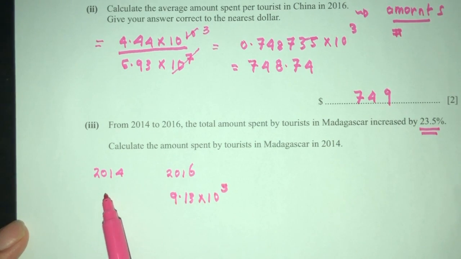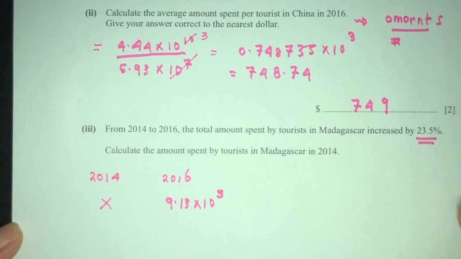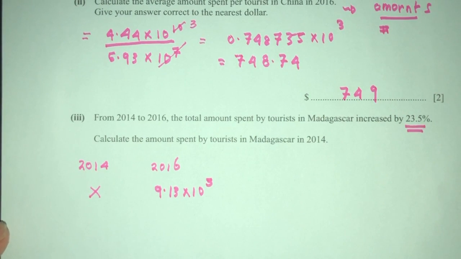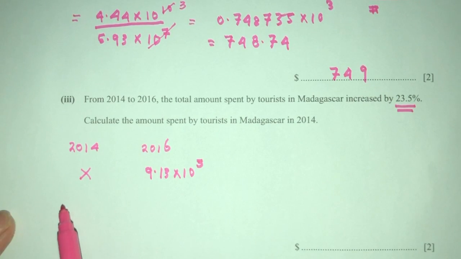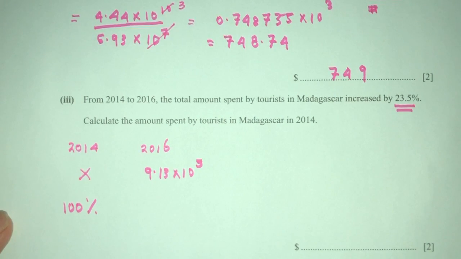And here let's call this x because we don't know the amount. Now we know it has increased by 23.5%. One thing we have to know is that usually we consider the initial amount to be 100%. Initially, it's always 100%, right?